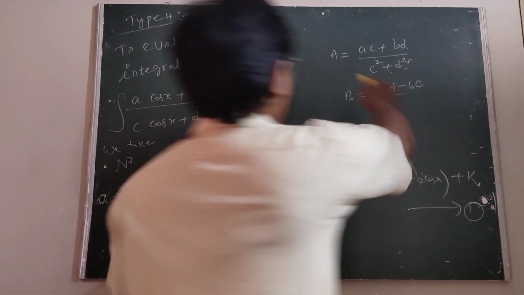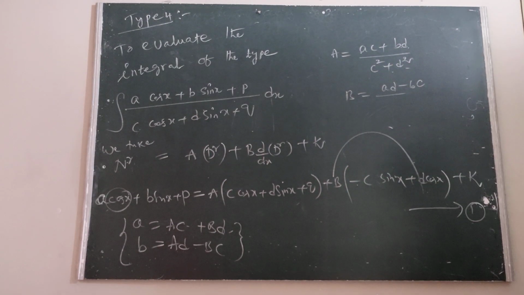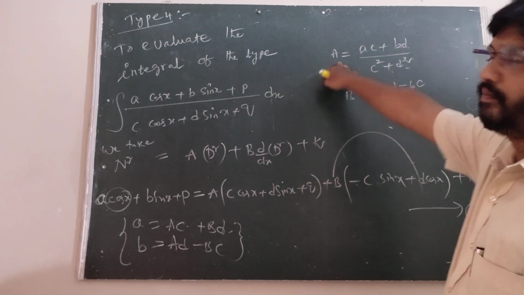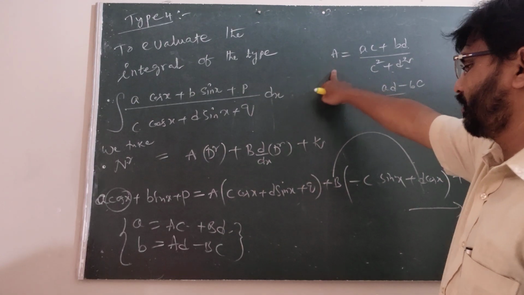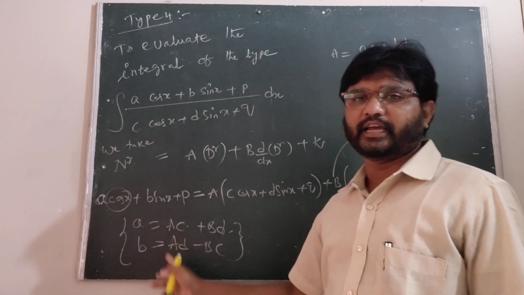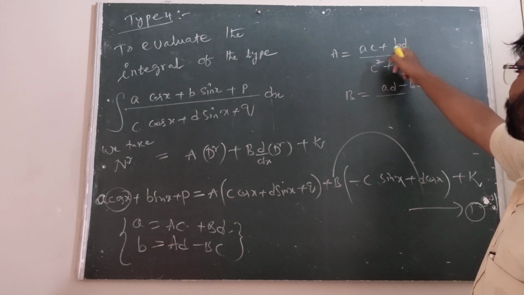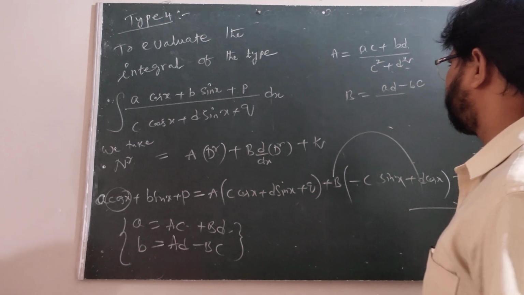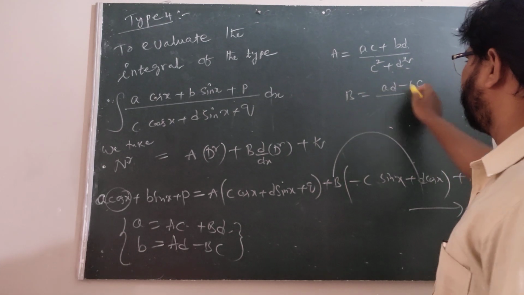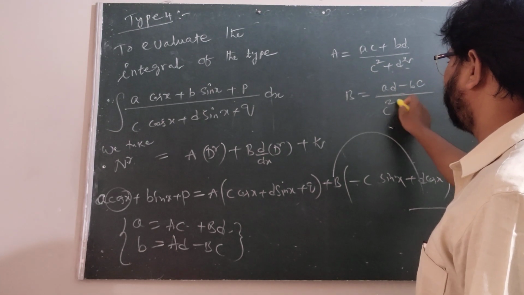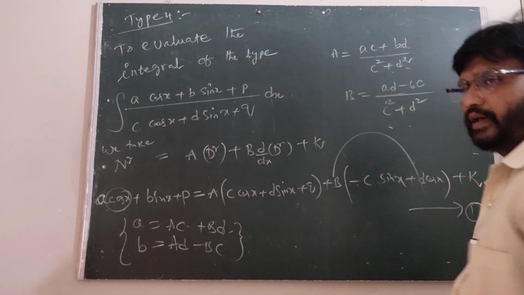We are getting A as (ac plus bd) by (c square plus d square). Yesterday we completed this one. How to get the A? Equating the cos x and sin x coefficients and then solving them, we get A equals (ac plus bd) upon (c square plus d square), and B is (ad minus bc) by (c square plus d square).